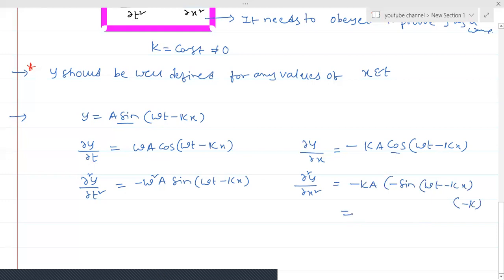So that is equivalent to finally minus k square into a into sine(omega t minus kx).